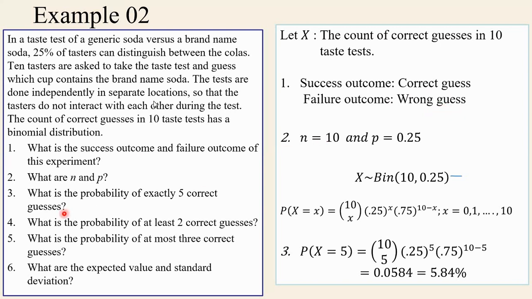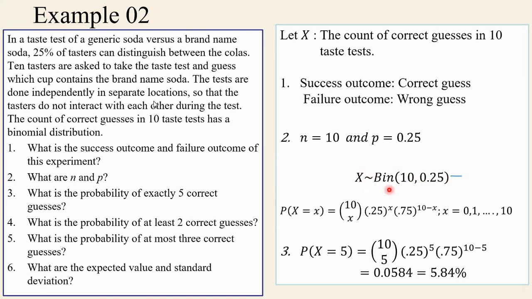Second question: what are N and P? N is equal to 10, because the test was conducted 10 times, and P is equal to 0.25, that is identifying the branded soda, the correct guess. Then, according to the given scenario, X has a binomial distribution with parameters 10 and 0.25.